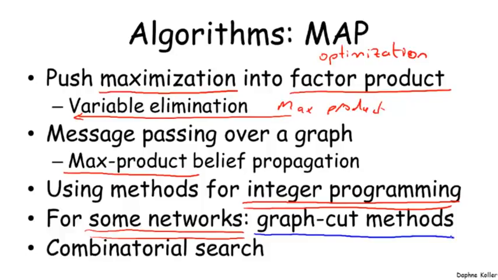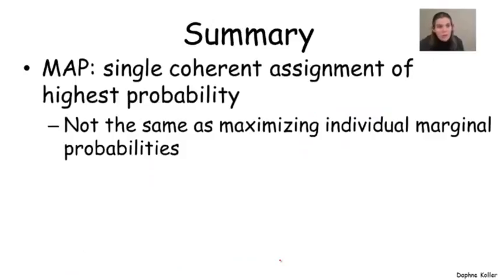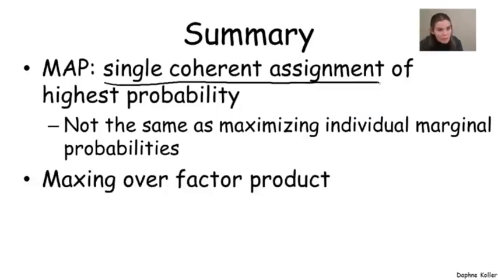And finally, because it's an optimization problem, one can also use standard search techniques over combinatorial search spaces, and there are problems for which this is also a very useful and successful solution. So to summarize, the map problem aims to find a single coherent assignment of highest probability, and that means that it is not the same as maximizing individual marginal probabilities, as we saw in the example.